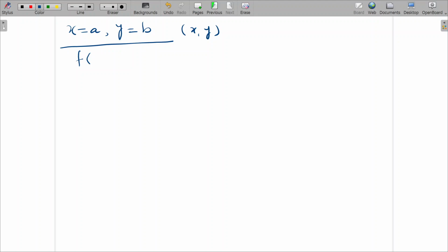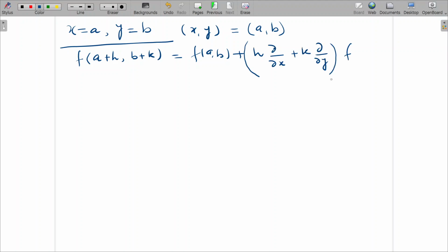So now we have f of (a plus h, b plus k), which equals f of (a,b) plus h times del over del x plus k times del over del y, and we have to find the first order derivatives just as we discussed in the previous case, but here we need to find the values of these first order partial derivatives at the point (a,b).